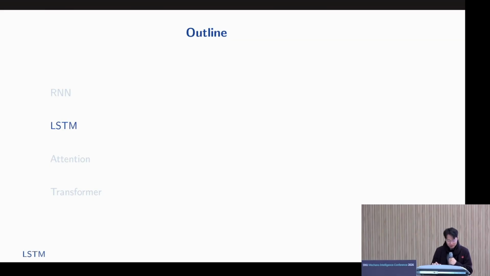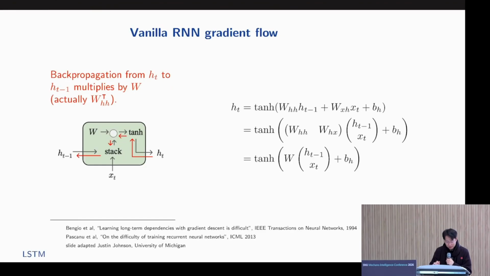So now we're going to talk about LSTMs, which in practice works much better than RNN because of this problem. So here, let's think about the RNN structure that we talked about. This is the update formula.